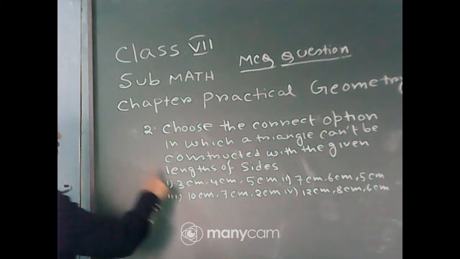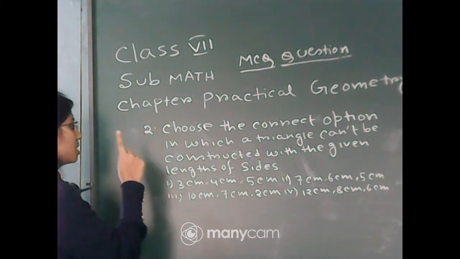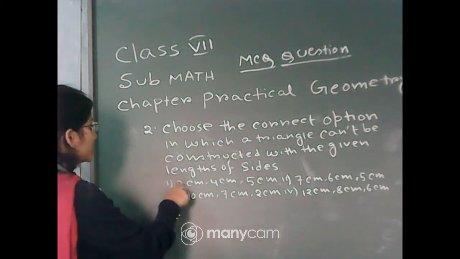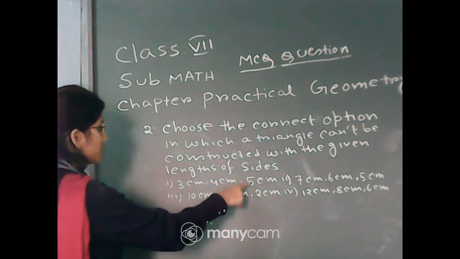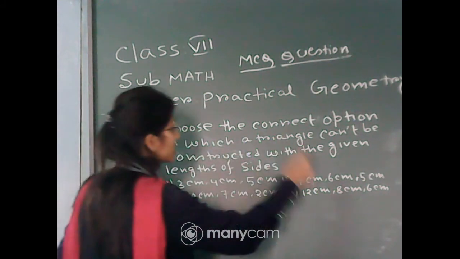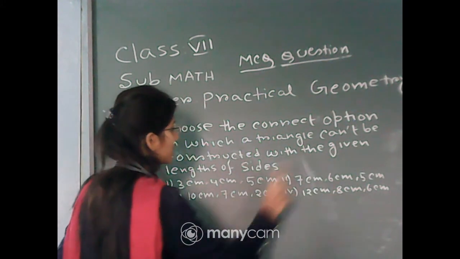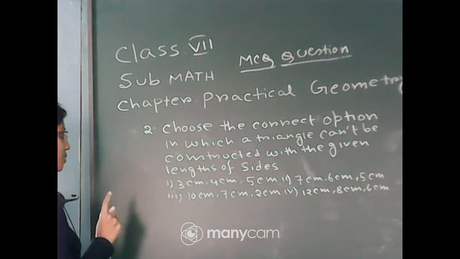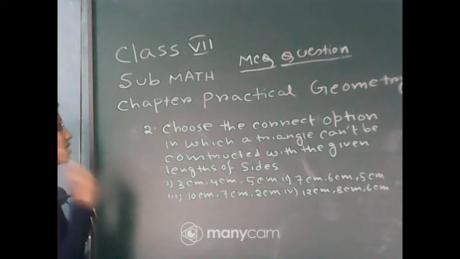So we can construct the triangle with the given lengths of sides 3 cm, 4 cm and 5 cm. Here also 6 cm plus 5 cm, that is 11 cm, is greater than 7 cm. So we can construct the triangle.